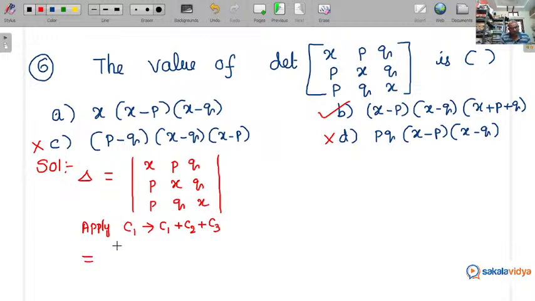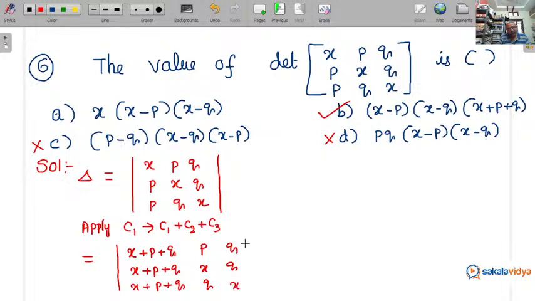See, my dear students, add C1, C2, C3 and write it as column 1. So this we can write x plus p plus q, this also x plus p plus q, and x plus p plus q. Only we are changing C1, remaining are the same.